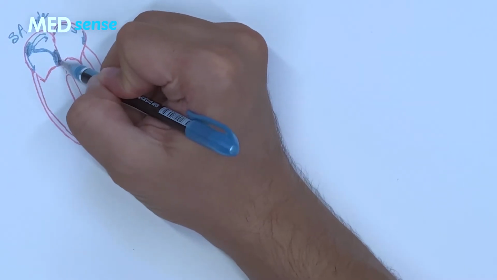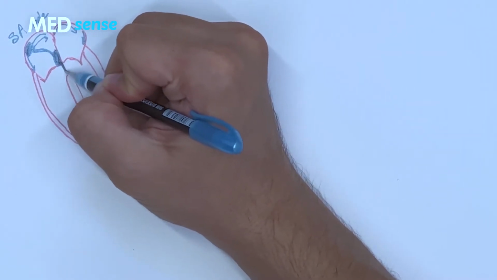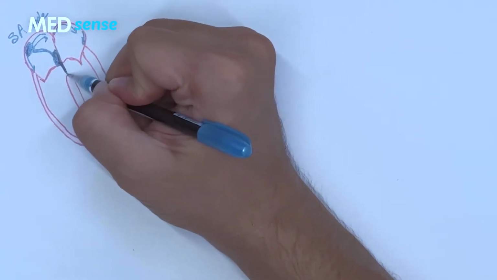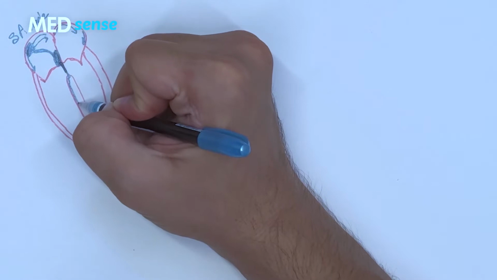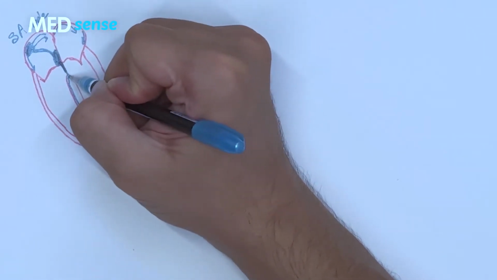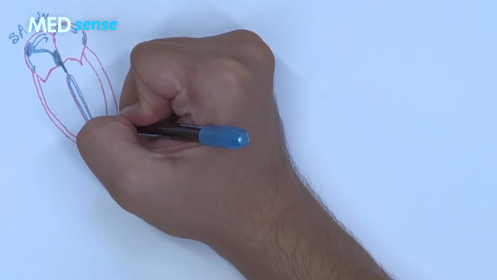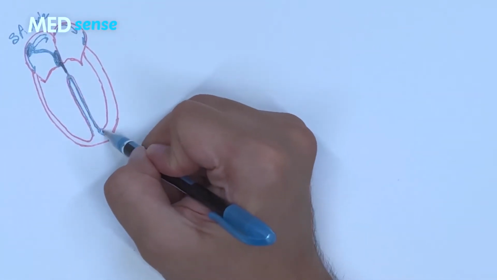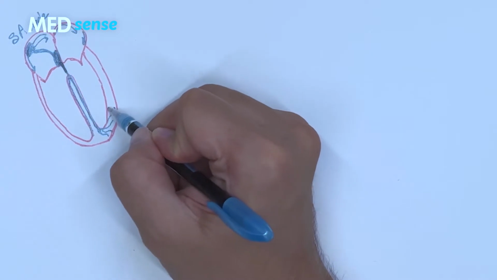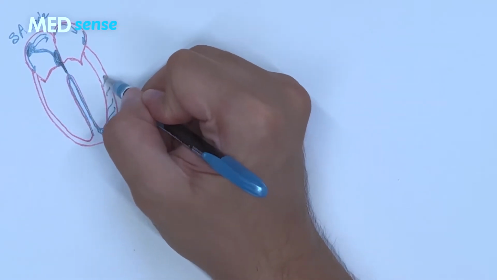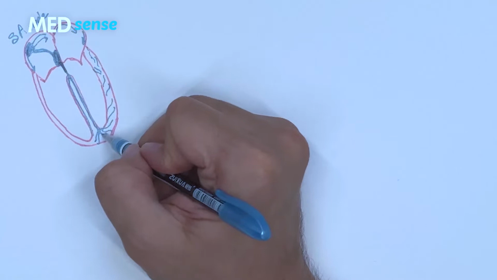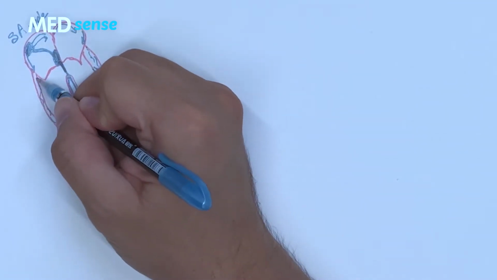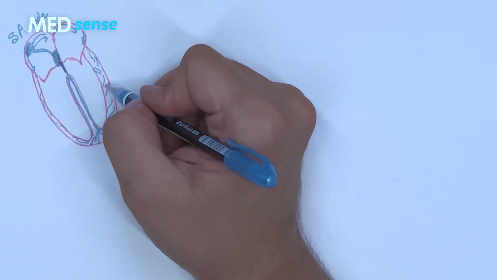It holds on to this positive electrical current, or this depolarizing action potential, for about 0.1 to 0.2 seconds. Then it releases this electrical current down through the bundle of His, then through the right and left bundle branches. Then through the Purkinje fibers, this positive electrical current is transmitted to the rest of the ventricular cardiac myocytes in both ventricles, the left and the right.